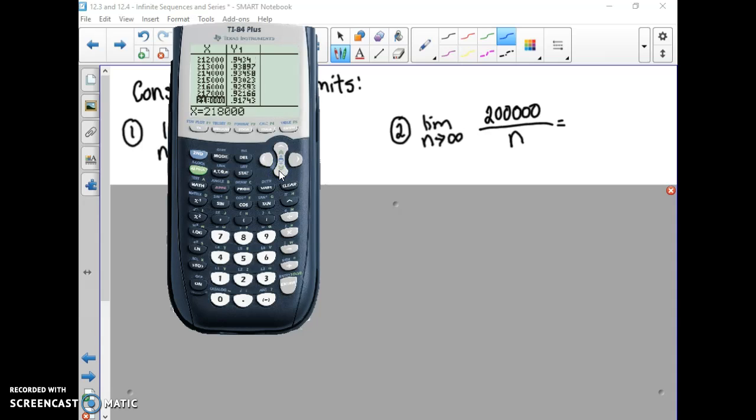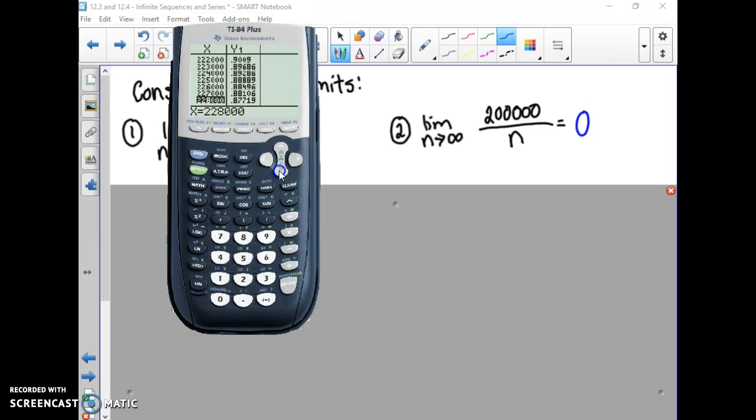All right, what is this going to approach? Eventually, it's going to get close to 0, right? It can't ever be negative because you're not introducing a negative number there. As those numbers get larger and larger, this still approaches 0. It takes a lot longer to get there than 1 over n, right? But it still approaches 0. So no matter what your numerator is, even if we had 500 billion in the numerator, eventually 500 billion over n approaches 0.